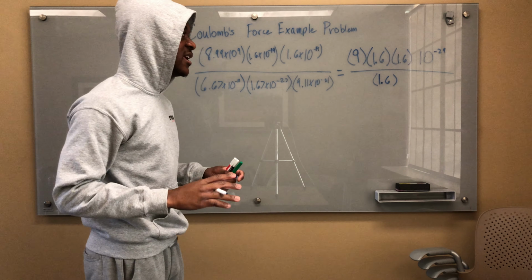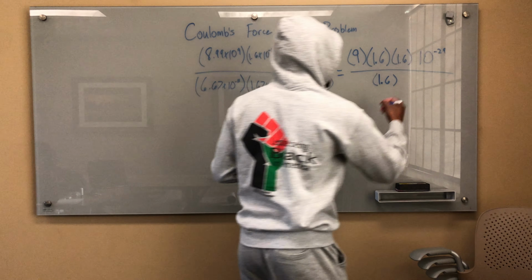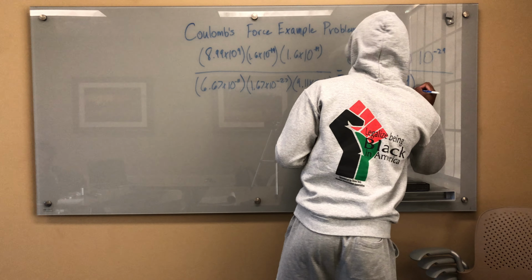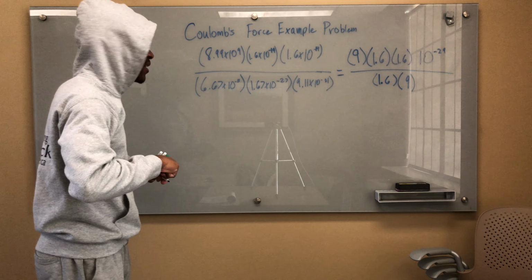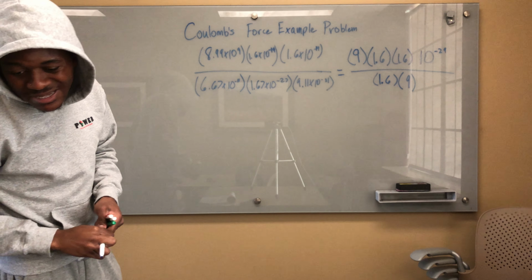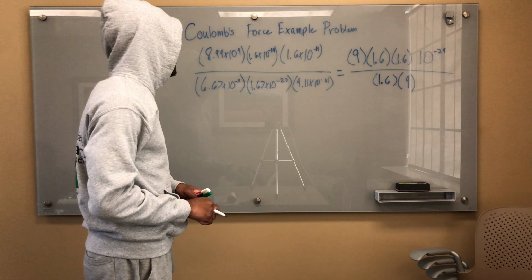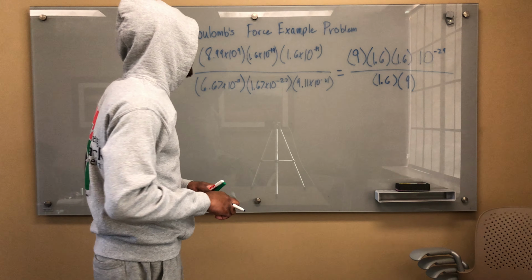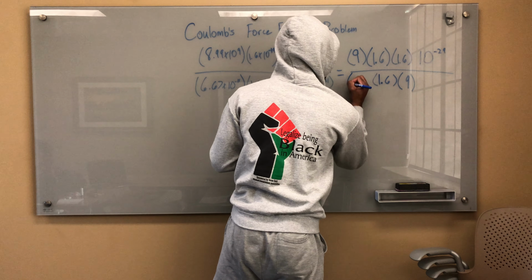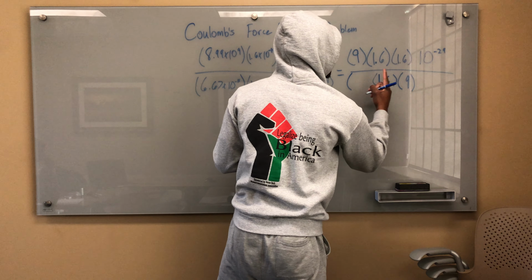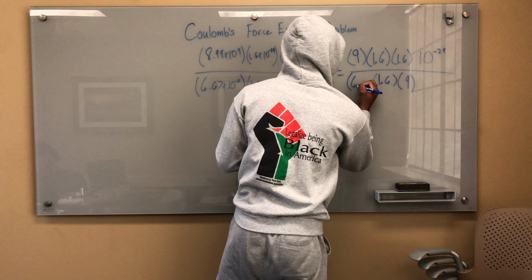This is roughly 9, so I'm going to leave that as a 9. That's 6.67, so I'm going to leave that at 6.7.